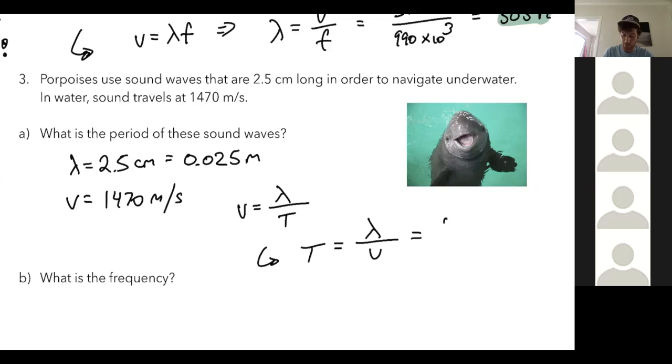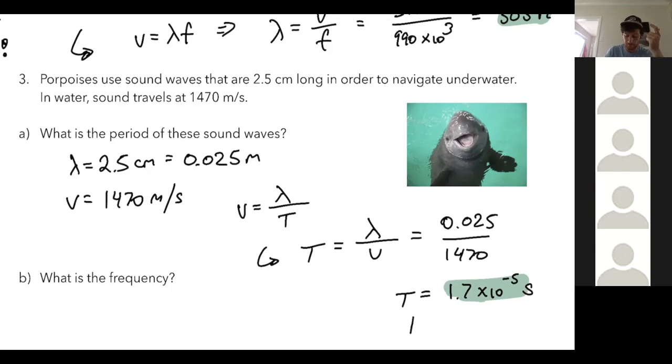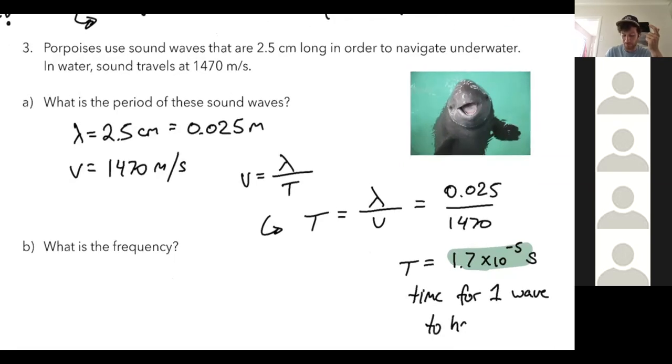This is easy peasy compared to what we were doing before. 0.025 divided by how fast it's going, 1,470, which means this thing has a period of 1.7 times 10 to the negative 5 seconds, okay? And remember, that is a period. So it has units of seconds, and that is the time for one single wave to happen, okay?